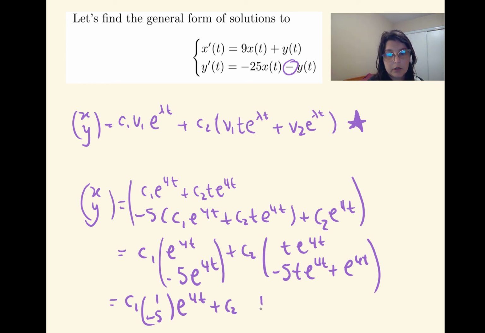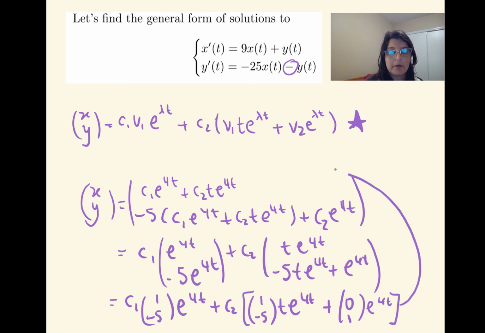One will be 1, minus 5, all that times t e to the 4t, and then 0, 1, all that times e to the 4t. And that's exactly what we have here. Remember that v1 was 1, minus 5, and v2 was 0, 1.